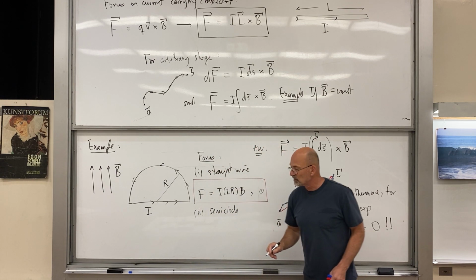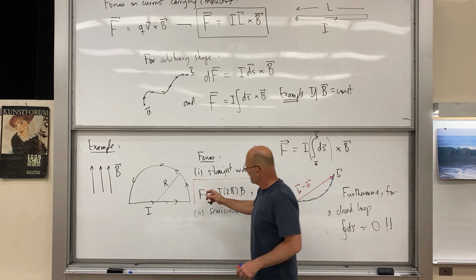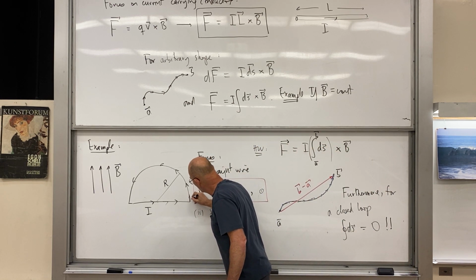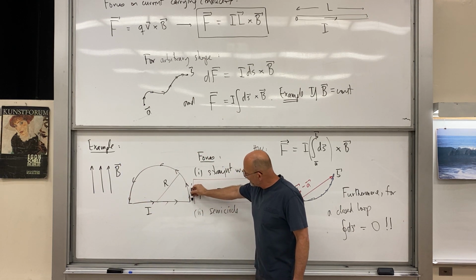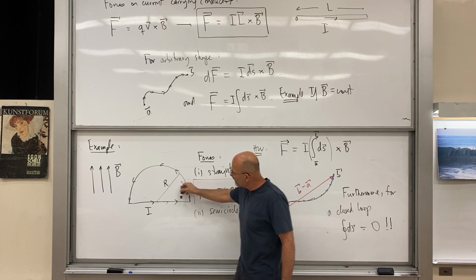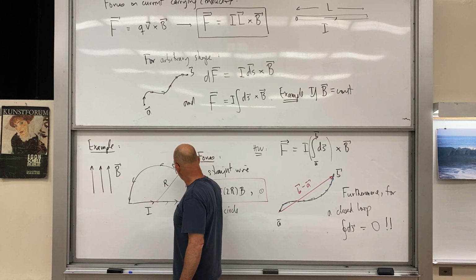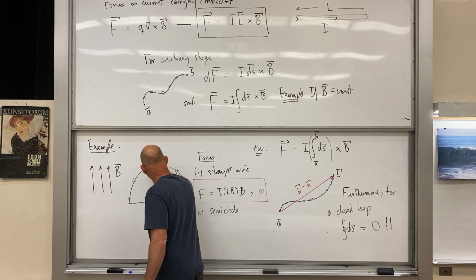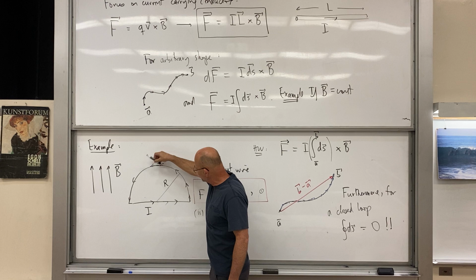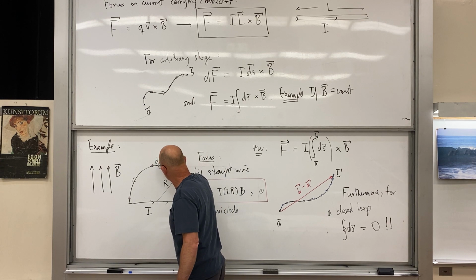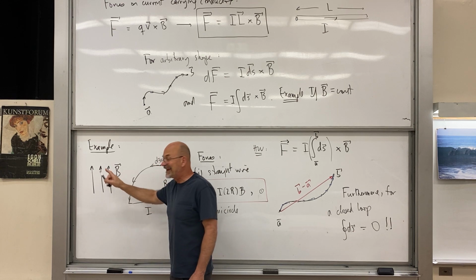For the semicircle, first of all, when we start here and when we end up there, that little increment is parallel to the B field and of course contributes nothing. So it's this part that contributes, and if we cross this little ds into B, it's into the board.